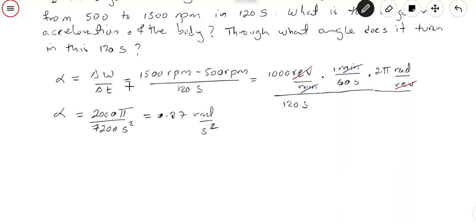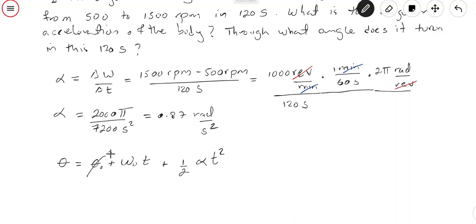In the second part of the problem, they ask to what angle it turns in these 120 seconds. So we know that the angle will be equal to the initial angle plus the initial angular velocity times the time, plus 1 over 2 the angular acceleration times the square of the time.